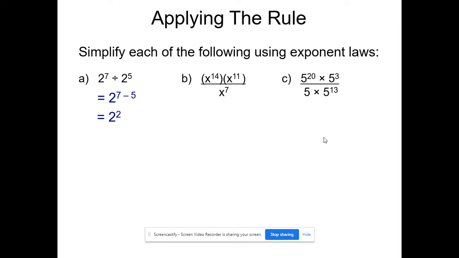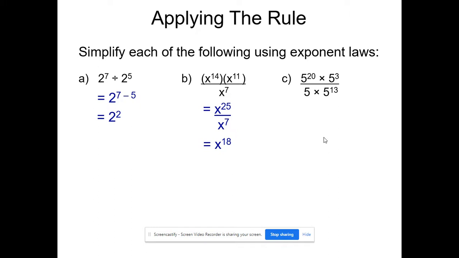So x to the 4 times x to the 11, I can add 4 and 11 to get x to the power of 15, and then that is still divided by x to the 7. When you are dividing two things with the same base, you leave the base the same and subtract the exponents. So 15 take away 7 is 8, so I get x to the power of 8.